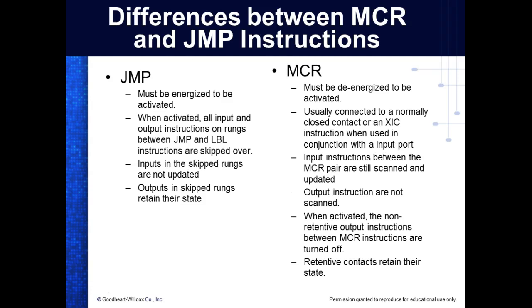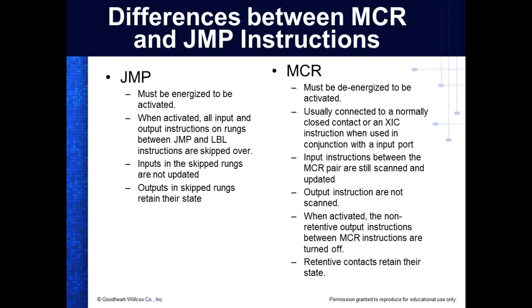When activated, all the output instructions are jumped between the jump and the label. Are they turned off? No, they're just not scanned anymore, right? So they're not updated anymore, right? Inputs and skip runs are not updated. Outputs and the skip runs retain their state.